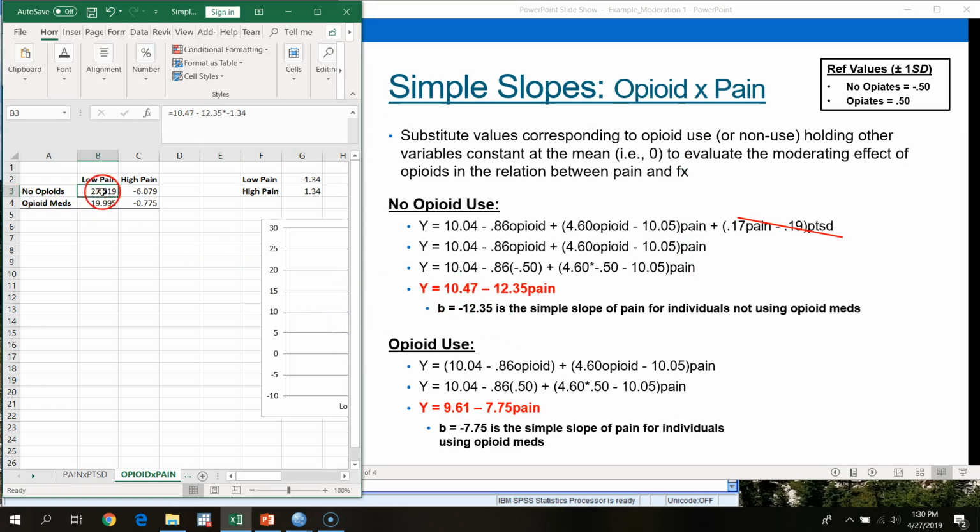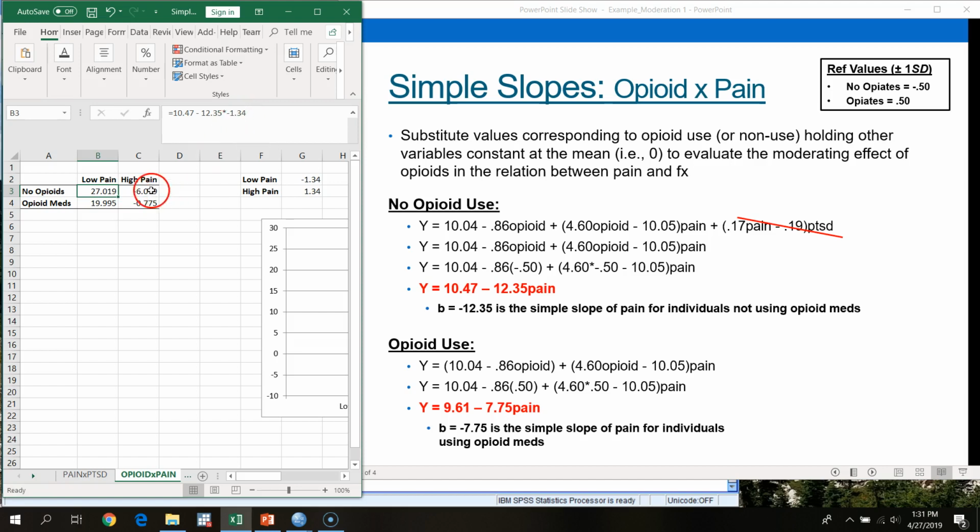So again, all I've done here in Excel is plug in my simple slope for no opiate use. It's 10.47 minus 12.35 times, and again, standard deviation below, standard deviation above my centered pain variable, so that's negative 1.34 and 1.34.